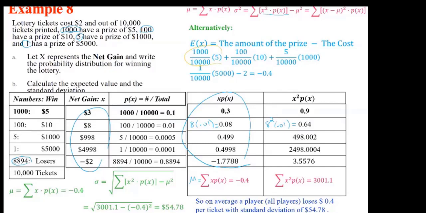For $10 winners, it's 100 divided by 10,000 times 10. $1,000 winners, 5 over 10,000, and there's only one that wins 5,000, wins big. If you add them all up in this fashion, minus 2, it gives you the same mu, or the expected value, negative 0.4. So this would be another approach, but the previous one is more detailed.